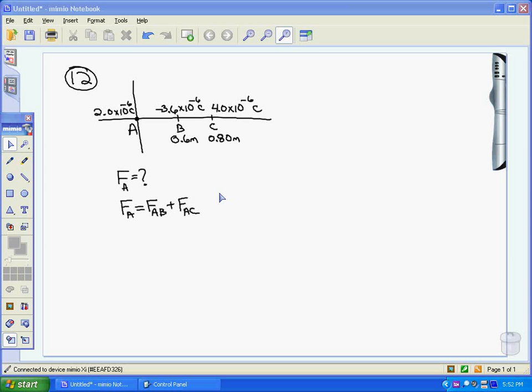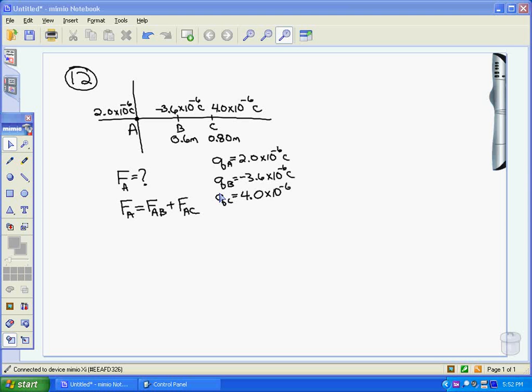So Q sub A is equal to 2.0 times 10 to the negative 6 coulombs. Q sub B is going to be equal to negative 3.6 times 10 to the negative 6 coulombs. Q sub C is going to be equal to positive 4.0 times 10 to the negative 6 coulombs.